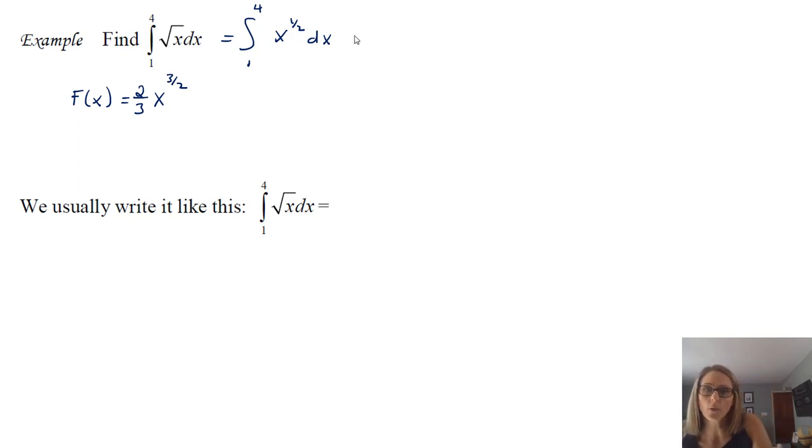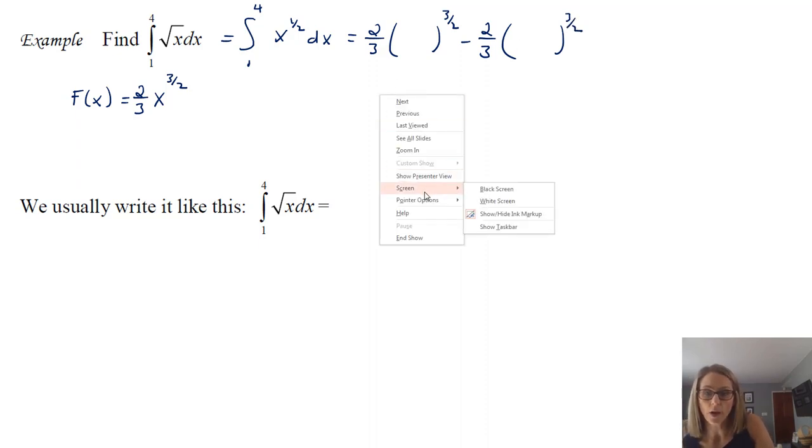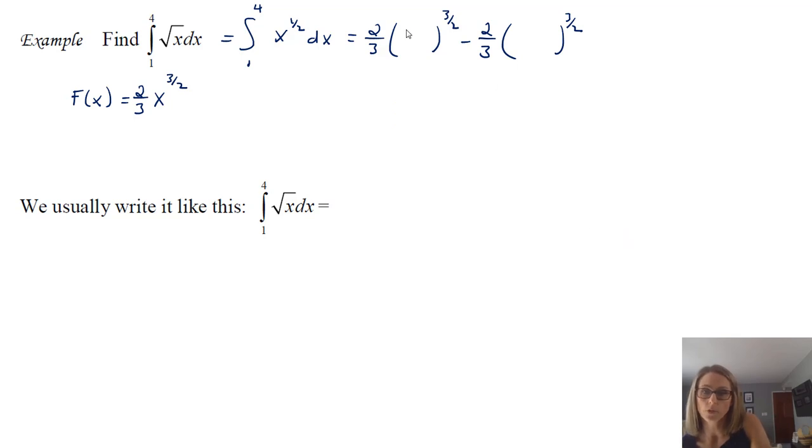So then what the fundamental theorem says is that the answer to this is simply placing those endpoints, F of b minus F of a, into this antiderivative that we found and evaluating. So 4 and 1.